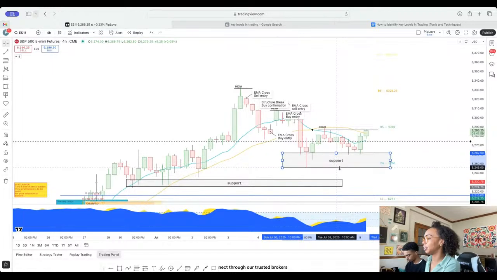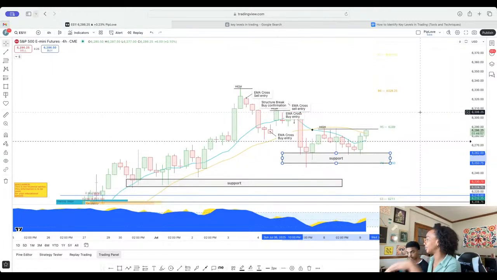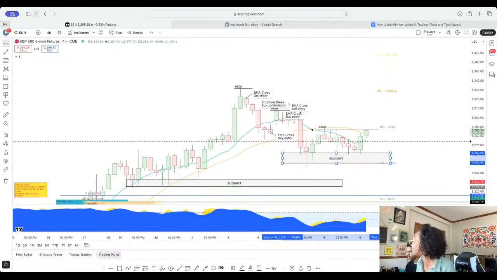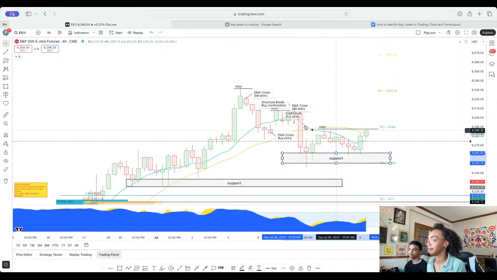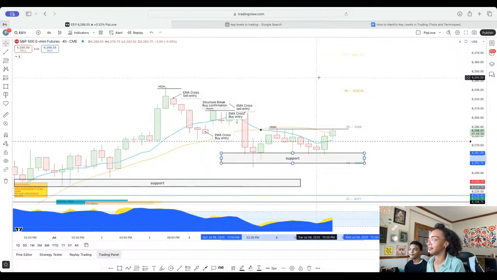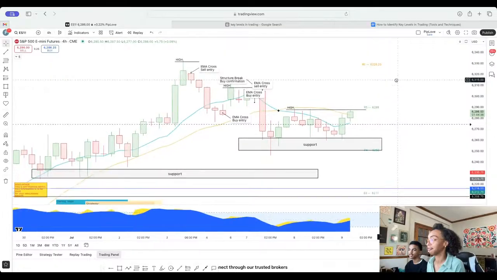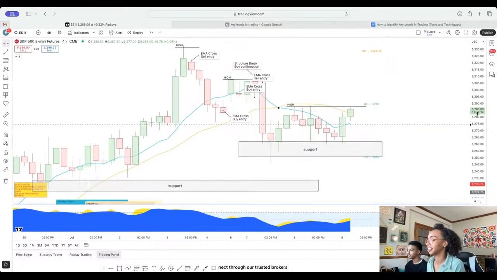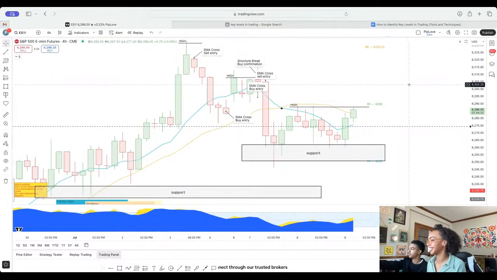So Izzy, when you see me marking up these charts, how does this look to you? Does it look foreign? Does it look fun? Do you think you'll be able to grasp the concept? Are there too many colors? What do you think about when you see me marking up my charts? It's interesting. It's like, I see colors down here, up here.